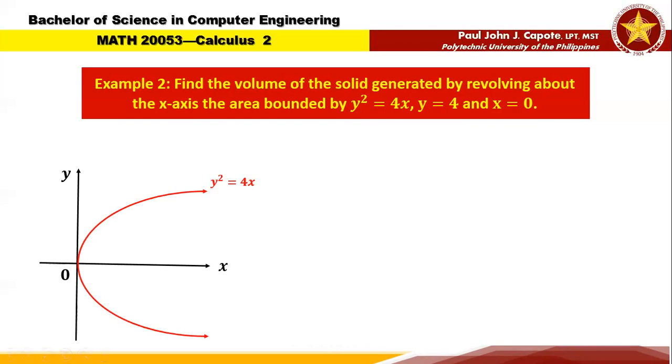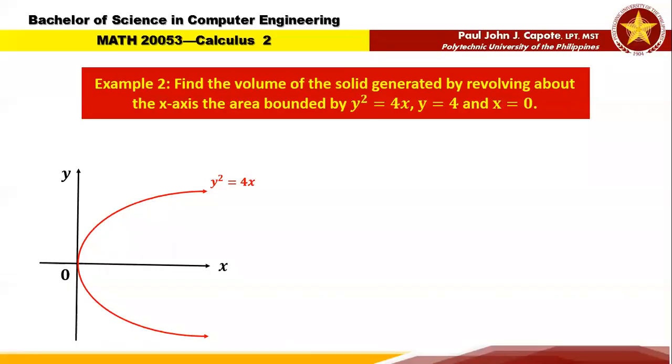It's a parabola opening to the right. And y equals 4, which is a horizontal line. The line intersects the curve at point (4, 4).